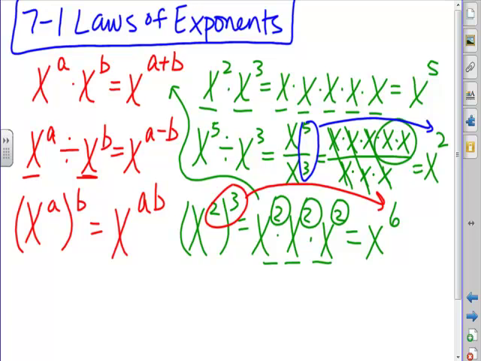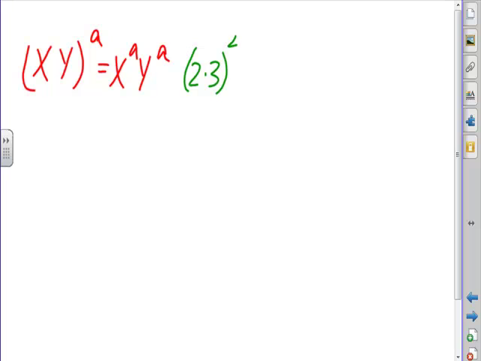Okay, a couple others. I'm going to go to a different board to write 2 more. Okay, the next one is when we have a power of a product. It is a fact that x times y in parentheses to the a power is the same as x to the a, y to the a, and that comes in handy sometimes. So I guess just to remind you of this, if we had something like 2 times 3 to the 4th power, then that really would mean 2 times 3 times 2 times 3 times 2 times 3 times 2 times 3.